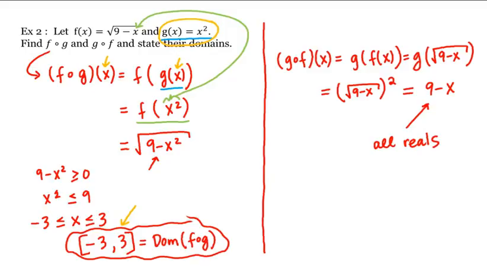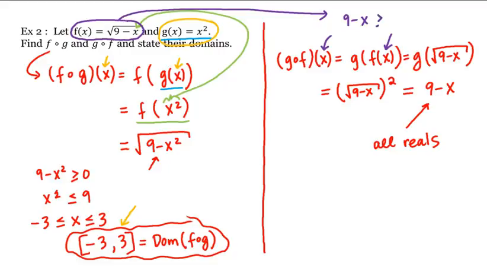However, remember, whatever we're plugging into this composition has to be in the domain of the inside function. And looking back over here on the left, what is the domain of f? We need 9 minus x to be greater than or equal to 0, or x to be less than or equal to 9.